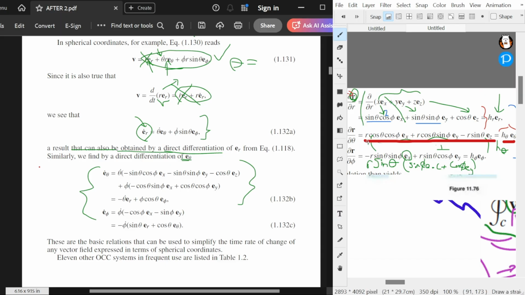We can factor out r, just have r to the side here. I'm looking back and forth between these guys.